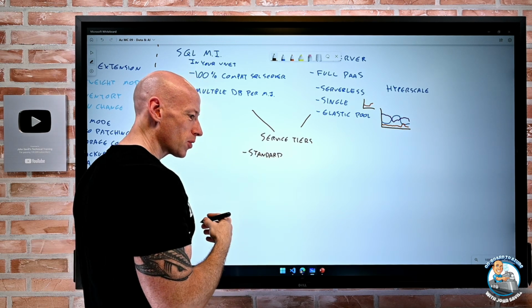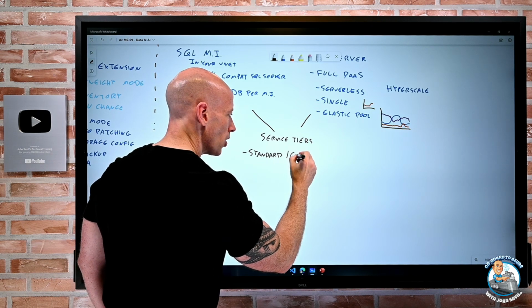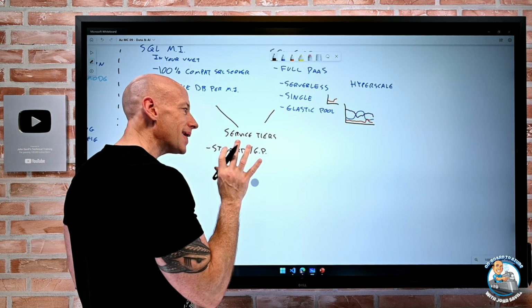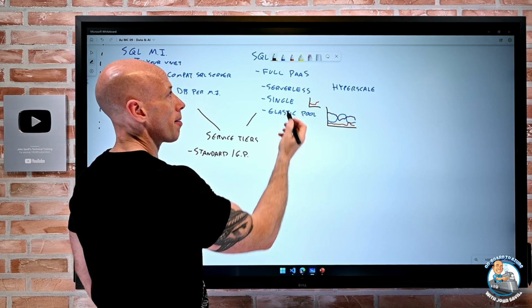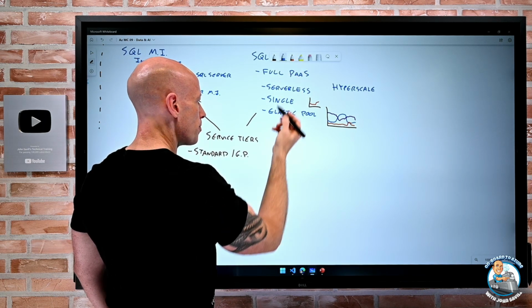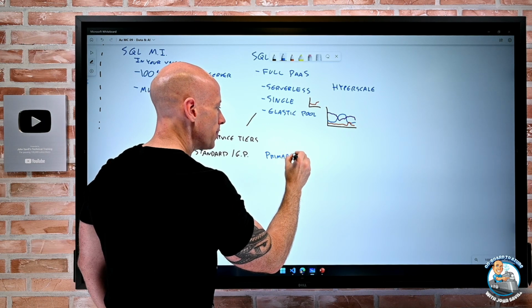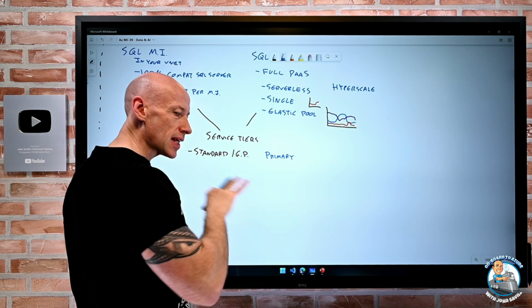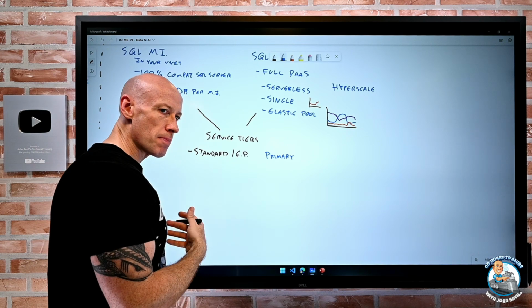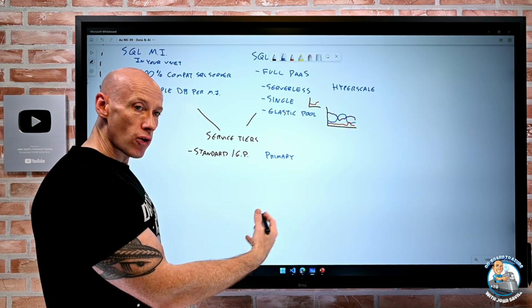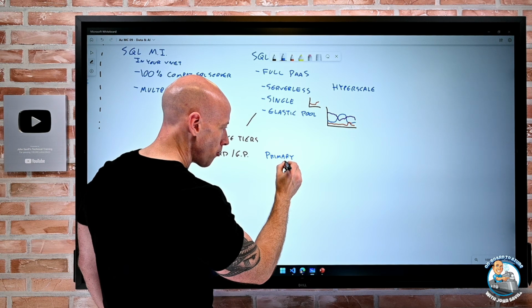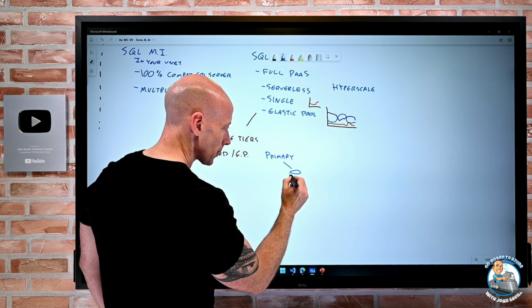You might hear it called basic, you might hear it called general purpose. The whole point here is there is a primary, so there is a primary instance running. And what it will typically do is separate out its storage. So it may be, in Azure storage, a managed disk. So it separates out the storage.